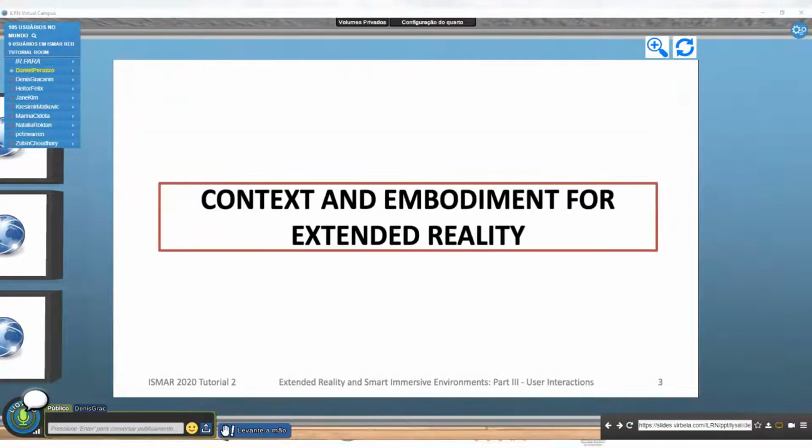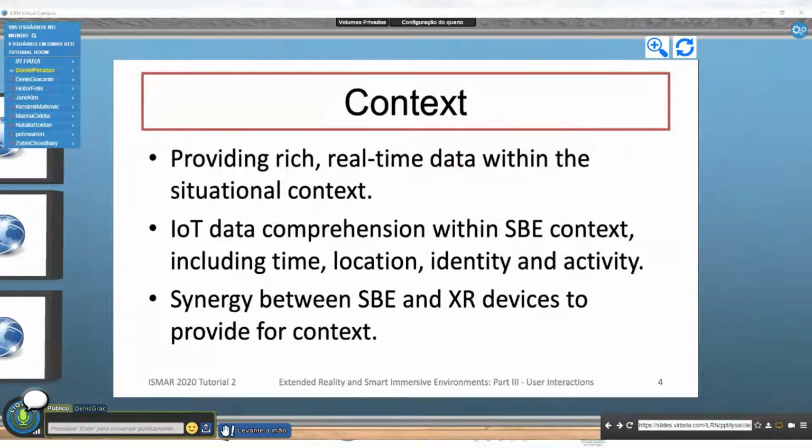So, first about context and embodiment for extended reality. When we talk about context, what it means is that we would like to provide or use rich real-time data and put it within situational context. And once you have that, we would like to understand IoT data within that smart built environment context, for example, looking at that from the dimensions of time, location, identity, and activity at the very minimum.